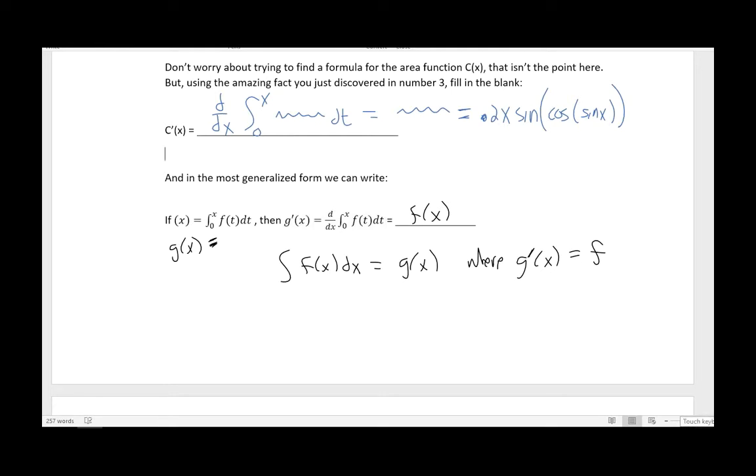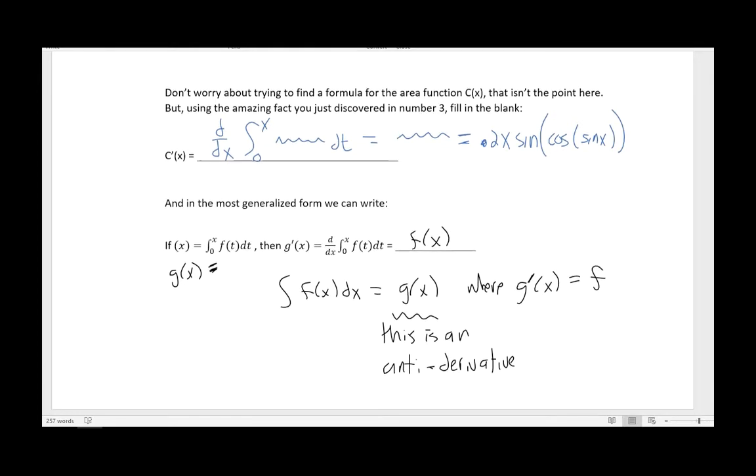So this is going backwards, right, from what we did when we took derivatives. We're taking an antiderivative. So I'm going to really call this an antiderivative. Okay, so it's undoing the derivative. So the derivative and the integral undo each other. So the integral does a thing, finds the antiderivative, then the derivative comes back and undoes that work.